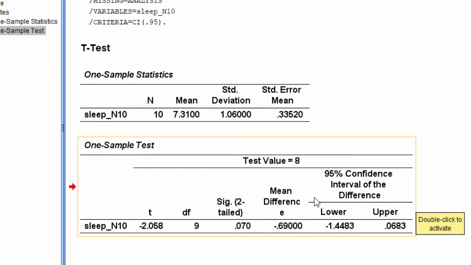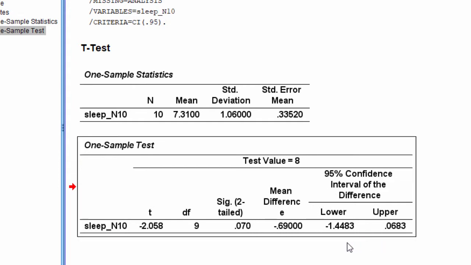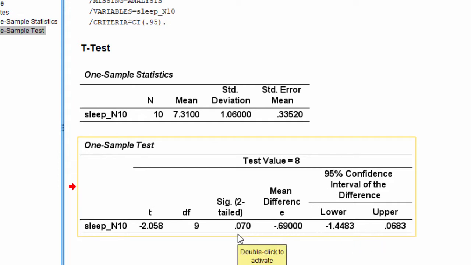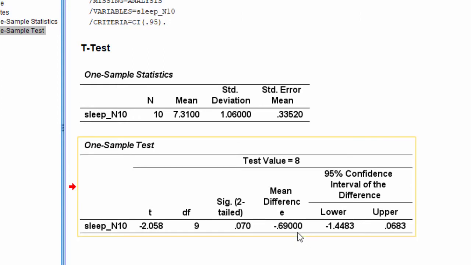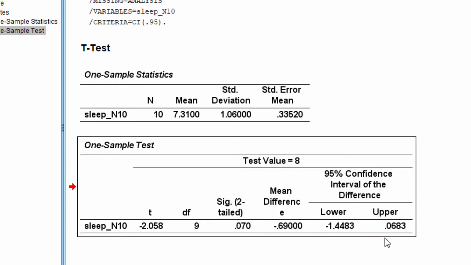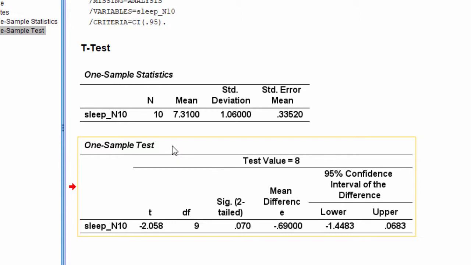Now the fact that confidence intervals intersected with 0 is consistent with the p-value being greater than 0.05, because I can't declare with 95% confidence whether the difference between the mean and the test value is negative or positive. It could be larger, it could be smaller with 95% confidence. So I haven't rejected the null hypothesis with a sample size of 10.